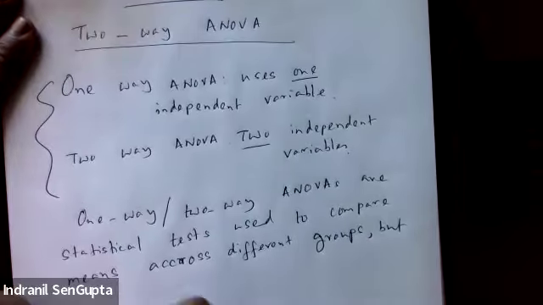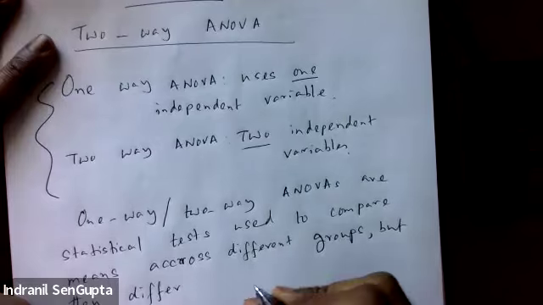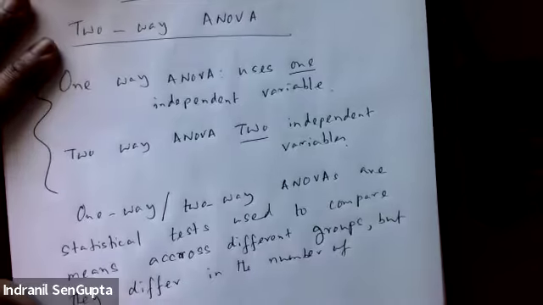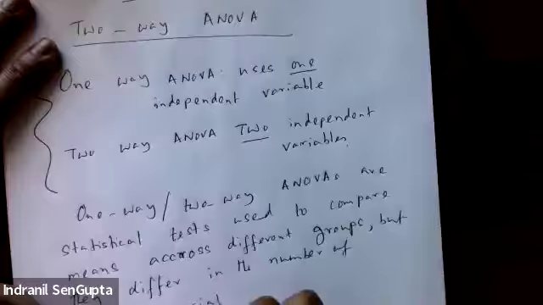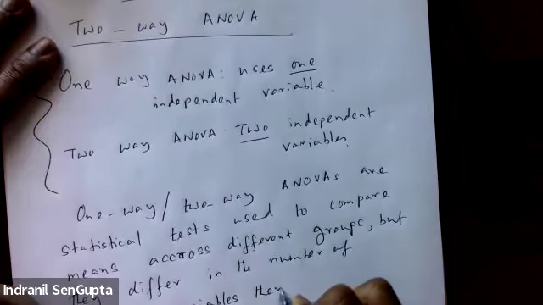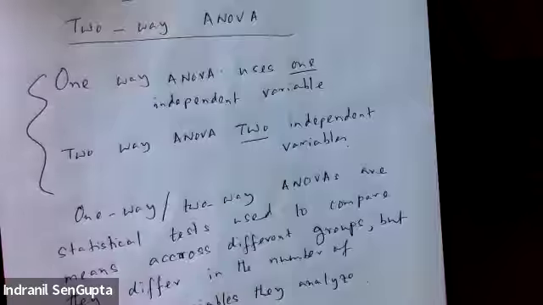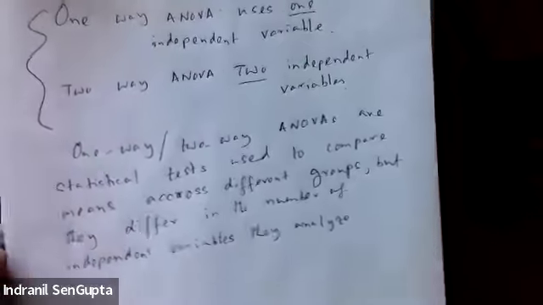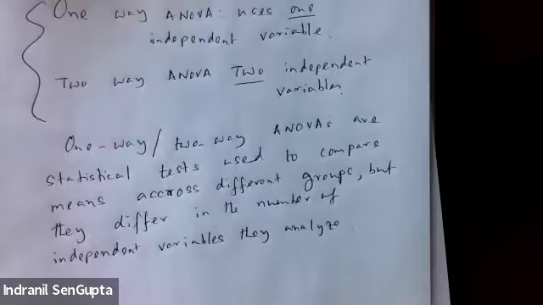The procedure is the same, but they differ in the number of independent variables they analyze. As I mentioned, for the case of the one-way ANOVA, we have already seen that they analyze one variable. For the case of two-way ANOVA, we'll see that there are two independent variables.